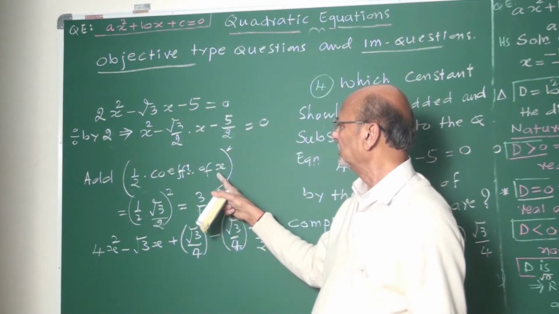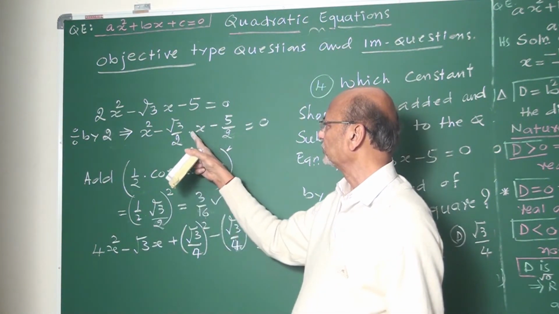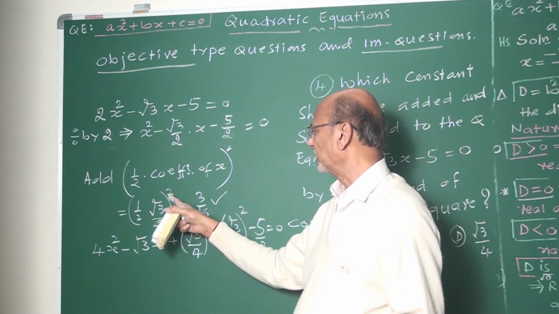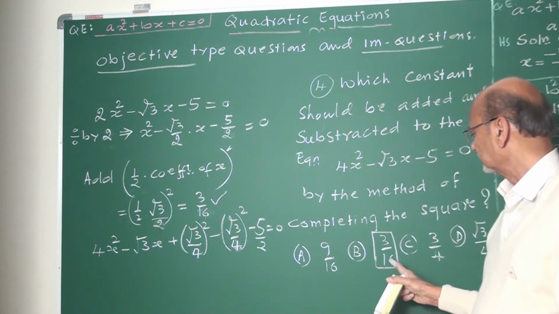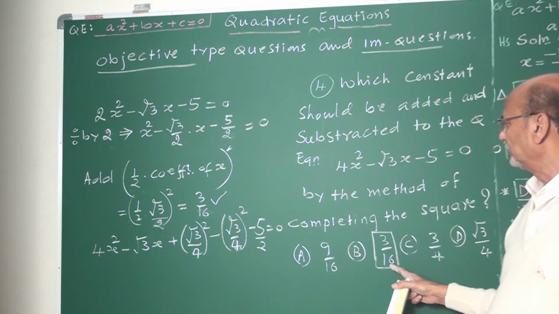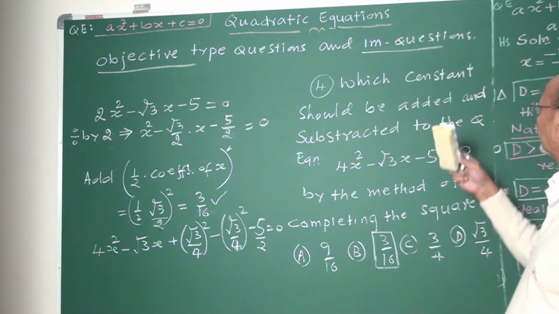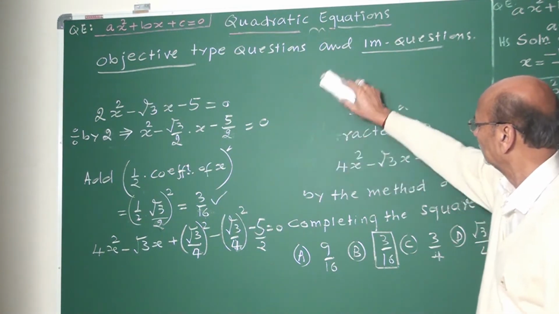Then, to make it a perfect square, take half the coefficient of x. The coefficient of x is root 3 by 2, so it is root 3 by 4 square, 3 by 16. You have to add and subtract 3 by 16. B is the answer. Yes, friend. Next question.